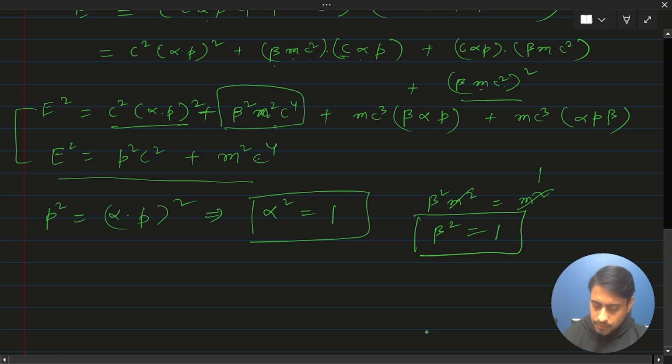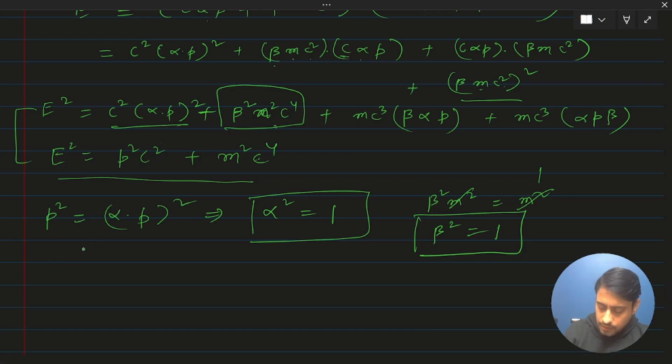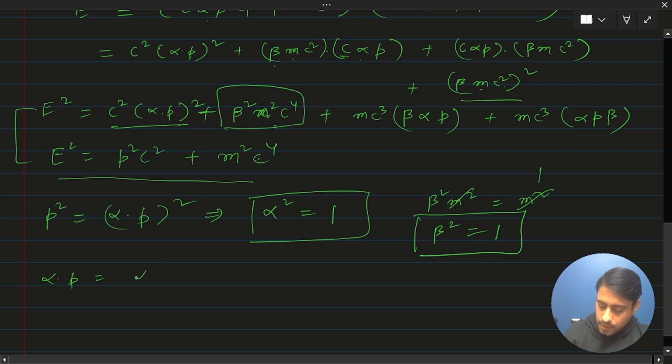One thing, if you approach it like this, alpha dot p equals alpha x px, you can split it into components, plus alpha y py. In 3 dimensions, p has 3 components, px, py and pz, and alpha has 3 components, so plus alpha z pz.